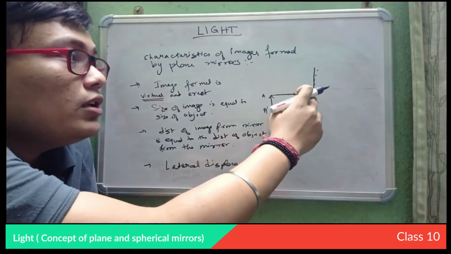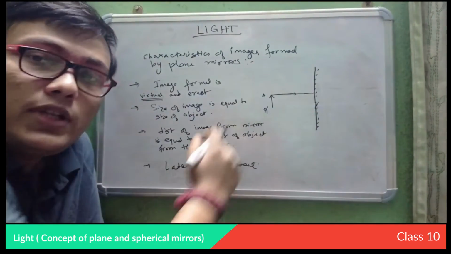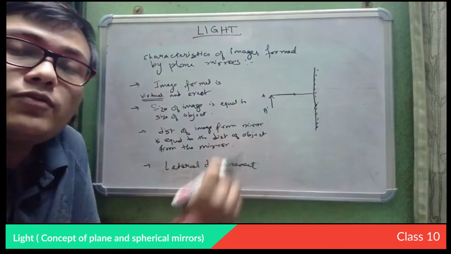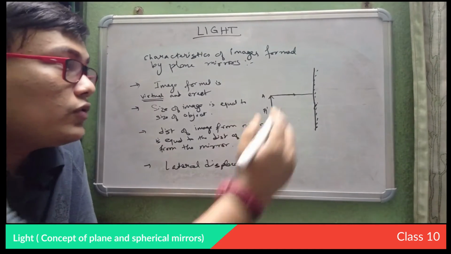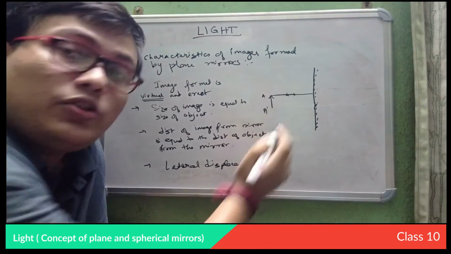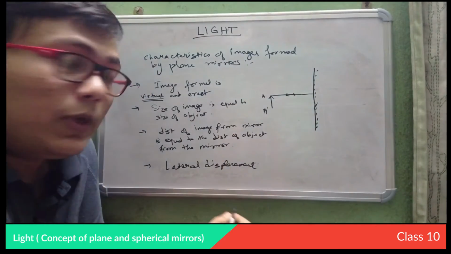So this ray, after reflecting from the surface of the mirror, will retrace back its path, so the angle of reflection will be 0. We know this from the laws of reflection, which I had discussed in the last video. So this ray will retrace back its path, so it will come back to its original path.